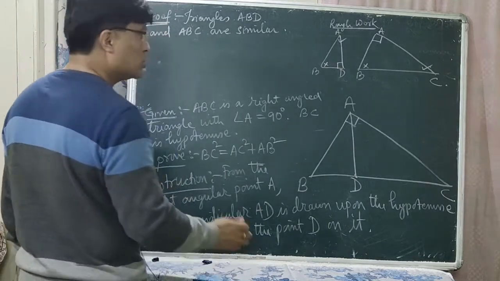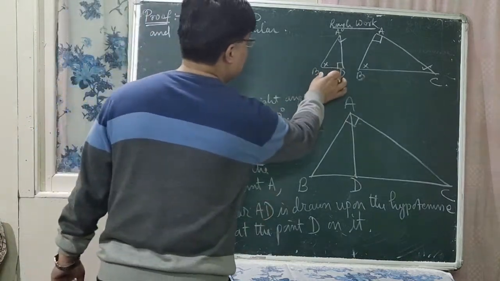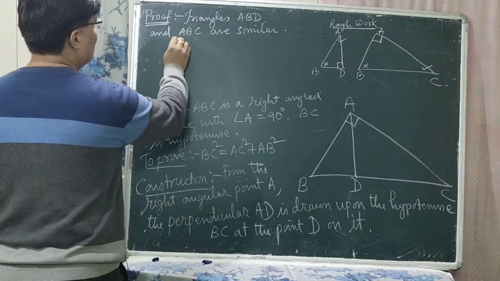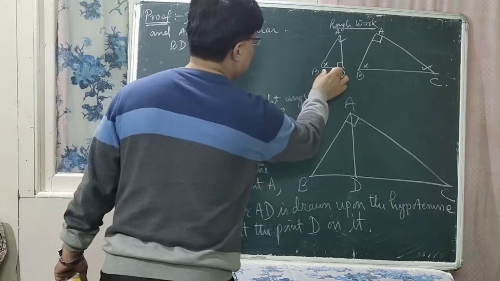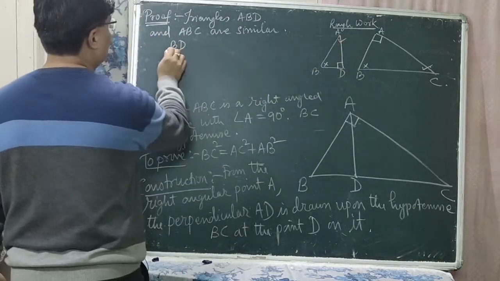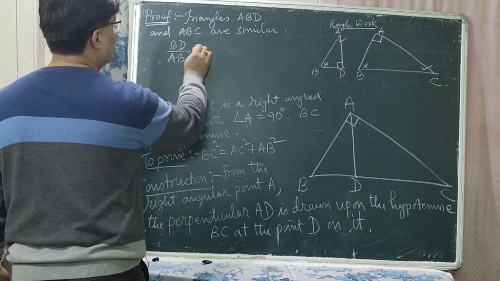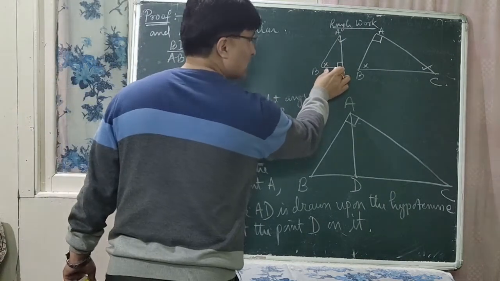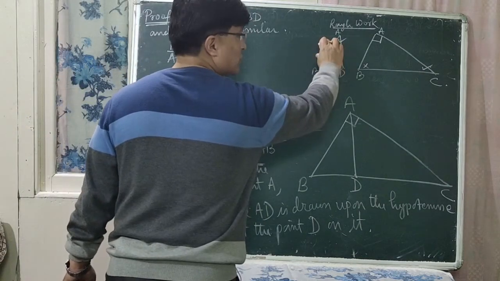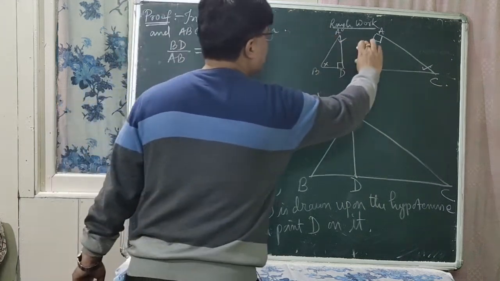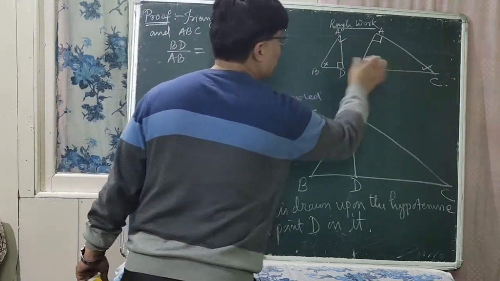So let us write here BD by AB. BD is the base divided by AB, is equal to base divided by hypotenuse. Now which is the base here? AB is the base and BC will be the hypotenuse.